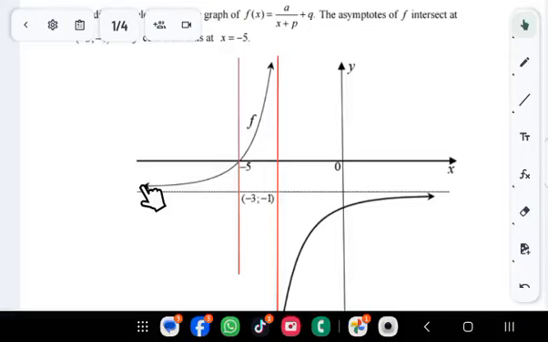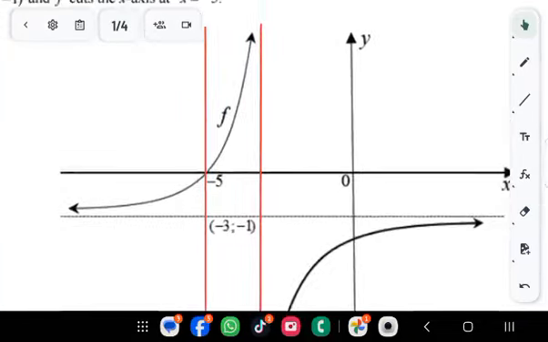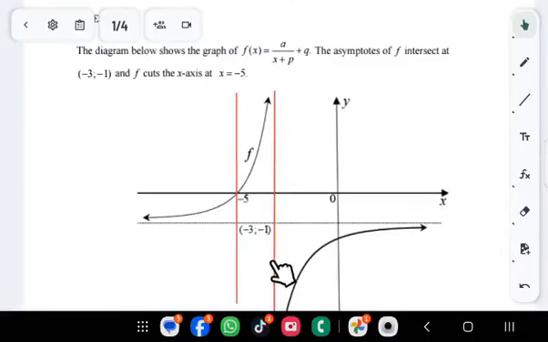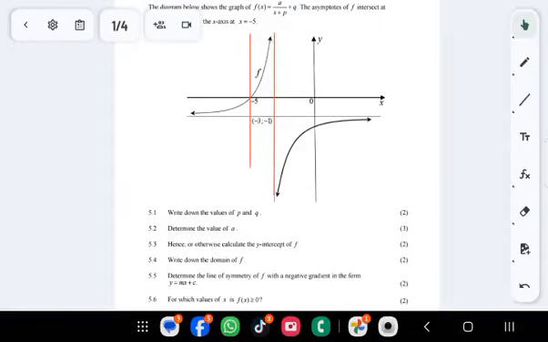To the left of this, it lies below the x-axis, in other words it's negative, and to the right of this point it lies below the x-axis, meaning it is negative. So f of x is greater than or equal to 0 when x is between -5 and -3, including -5 but not including -3, because there it is an asymptote, meaning that it's undefined there.